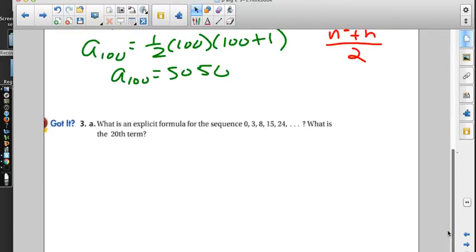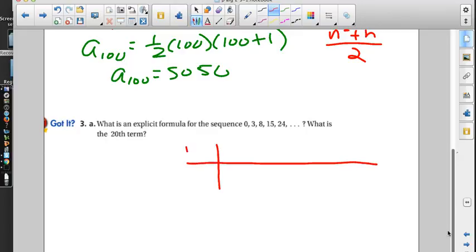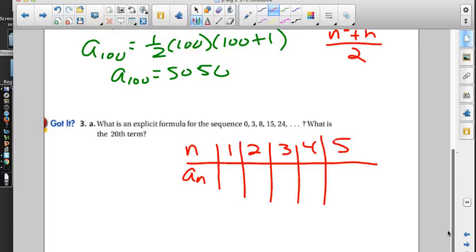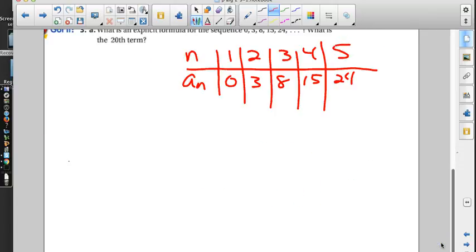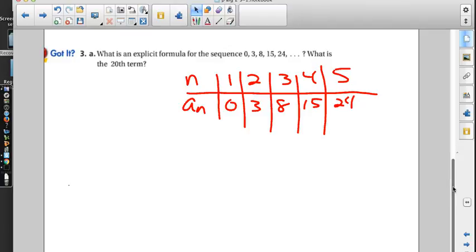The 3A says, what is an explicit formula for 0, 3, 8, 15, and 24? This one I think we can do. This one I think we can find. Hint, powers.